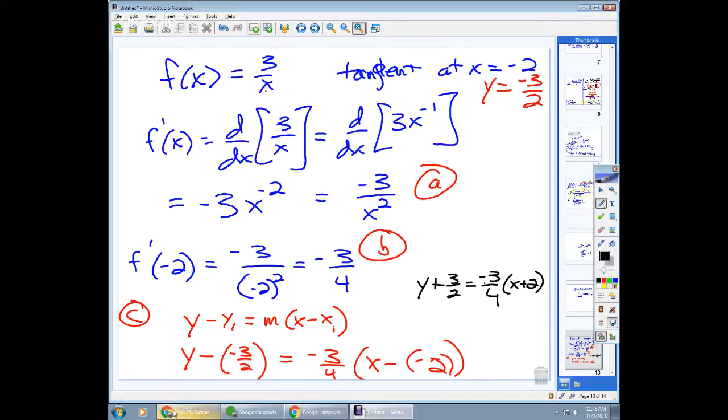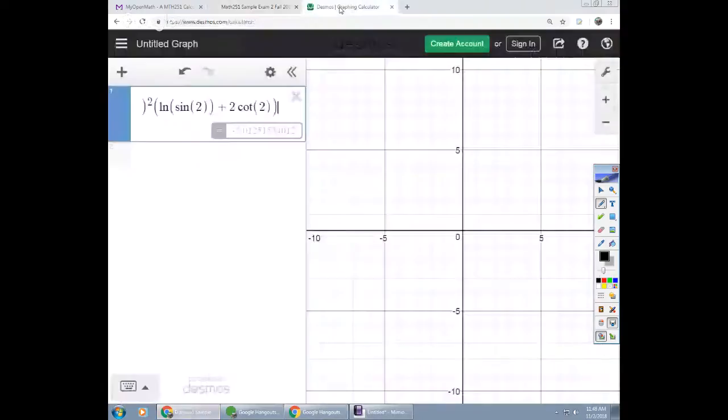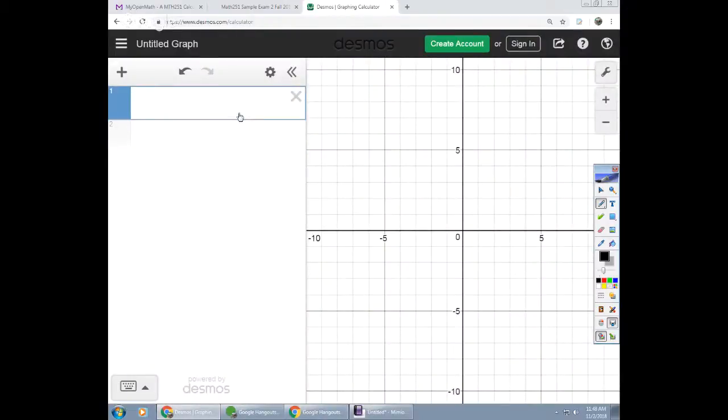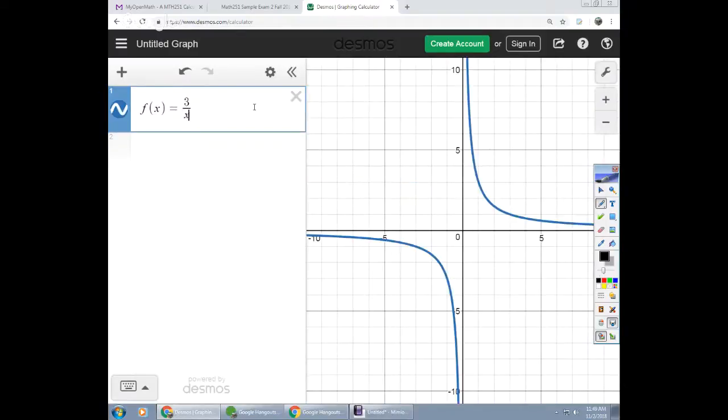So calculator, got that? So carefully plugging in. Let's clear that out. So let's see, I want to graph f of x equals 3 over x. And I want to establish the points -2, f of -2.